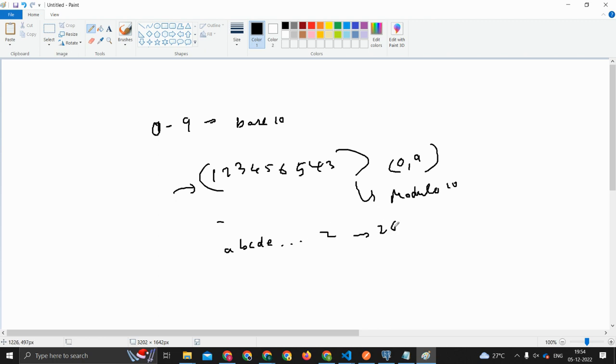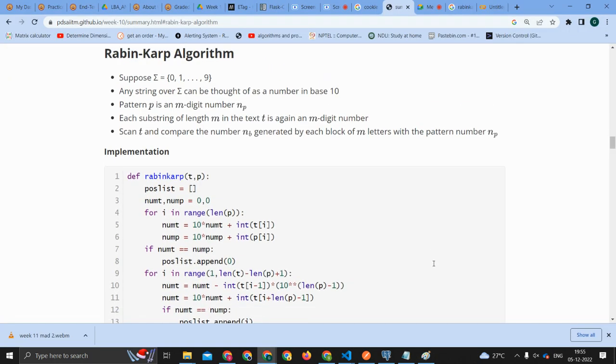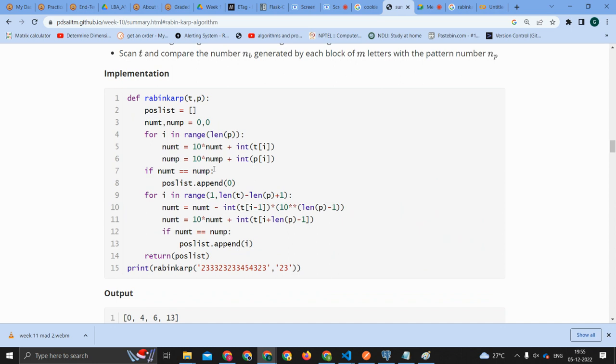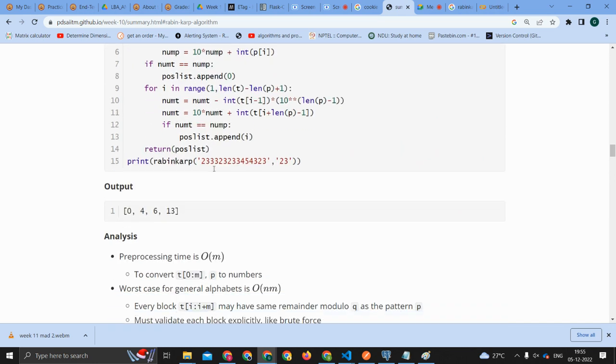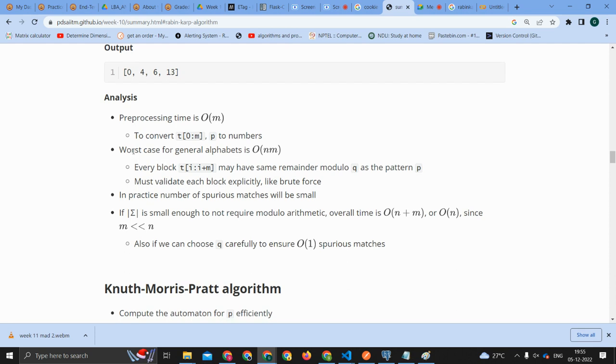This is going to have 26 characters, and here they are trying to do something like modulo 26. That's what they are trying to say here. But they have shown just a small simple implementation for the numbers, and for alphabets they will be extending it.